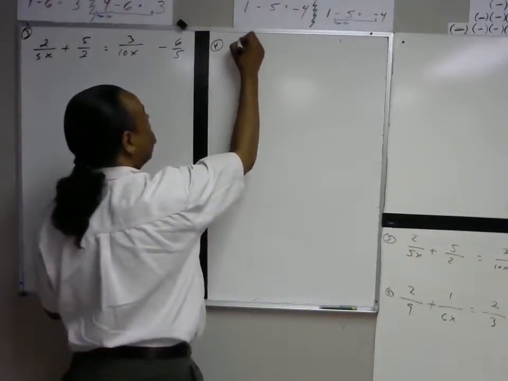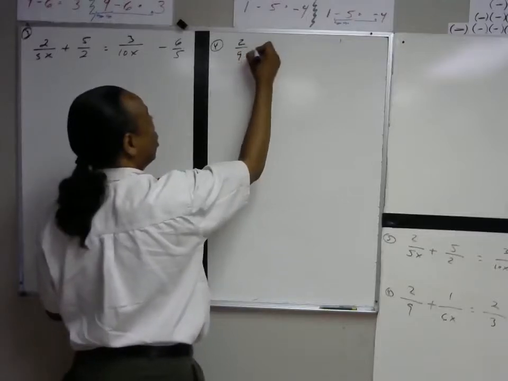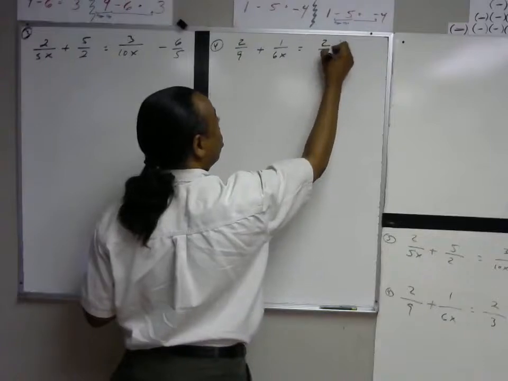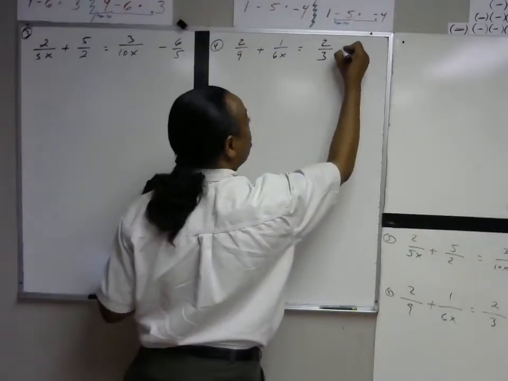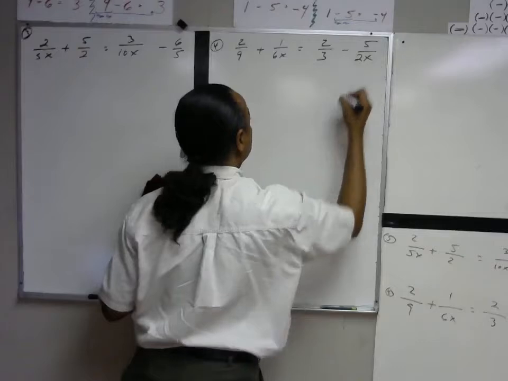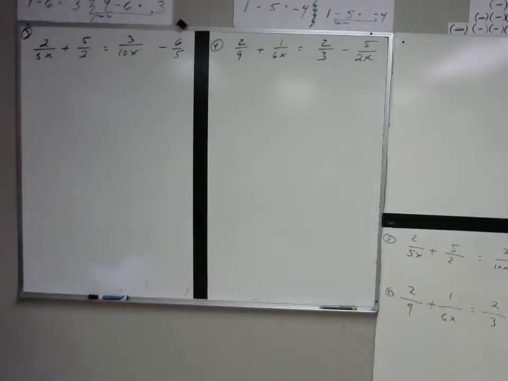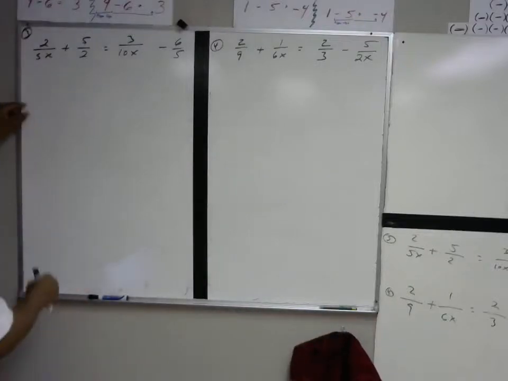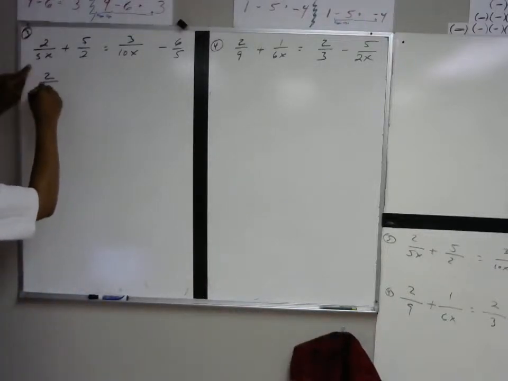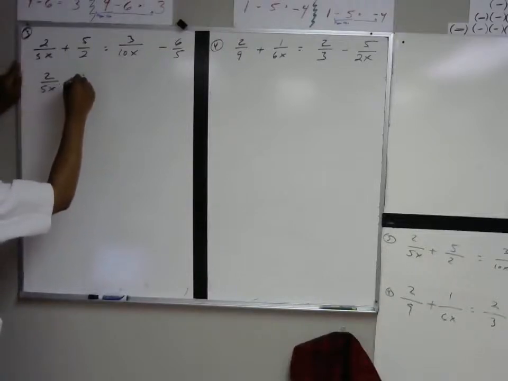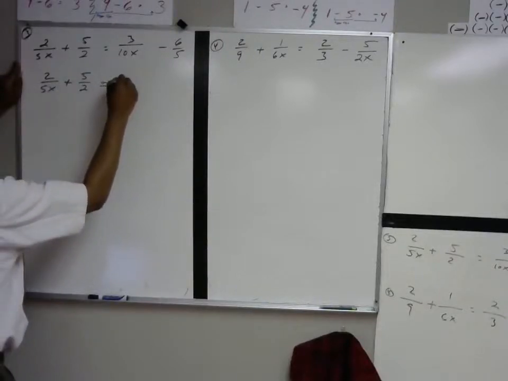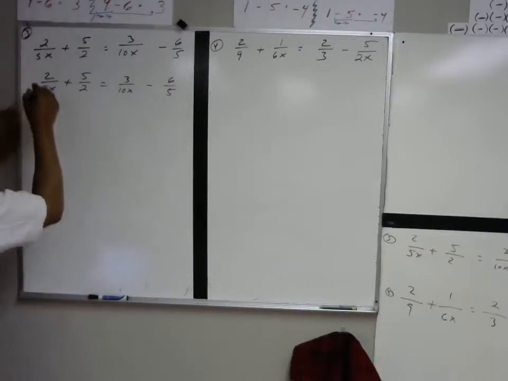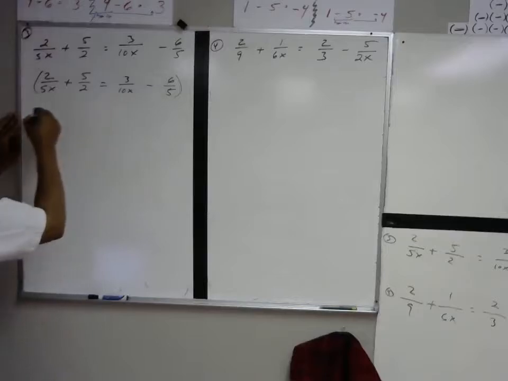Therefore, 2 over 9 plus 1 over 6x equals 2 over 3 minus 5 over 2x. Okay. First, let's preserve the integrity of the original problem. And we'll see right here.